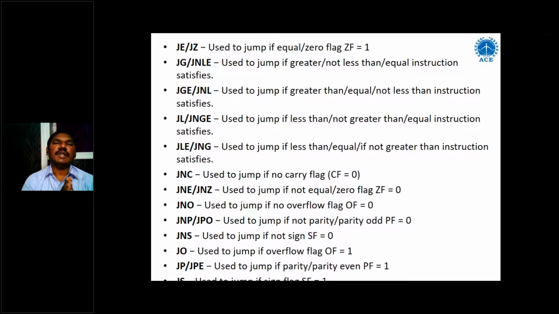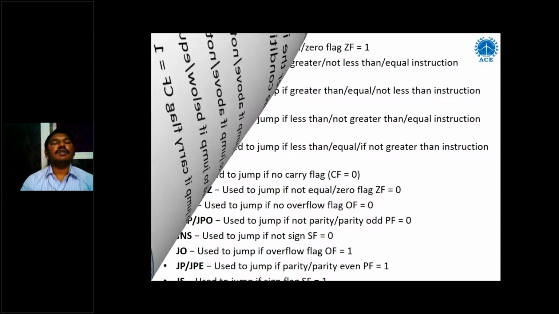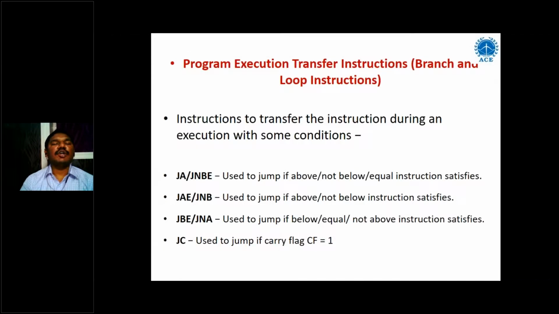These are all conditions. Whenever you want to jump to a specific address location, first you test whether the condition is true or not, and for that we use these condition-based program execution transfer, branch and loop instructions. These are also very important for the exam from a programming point of view.